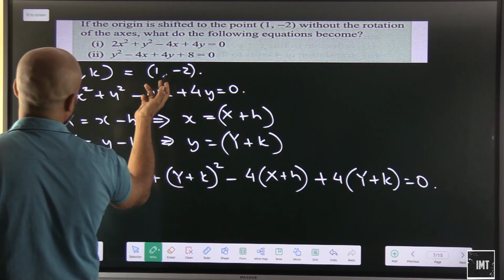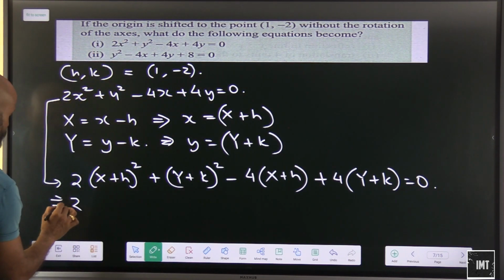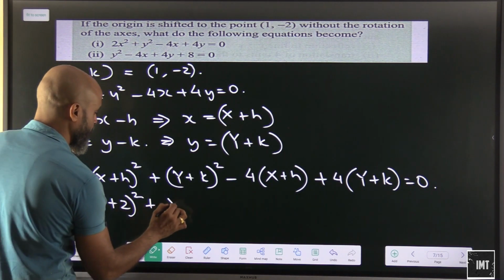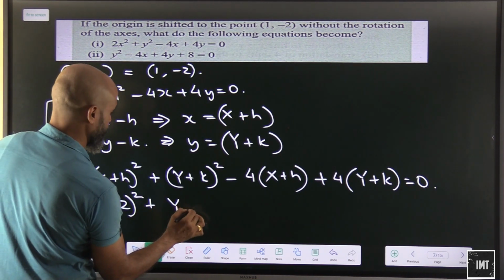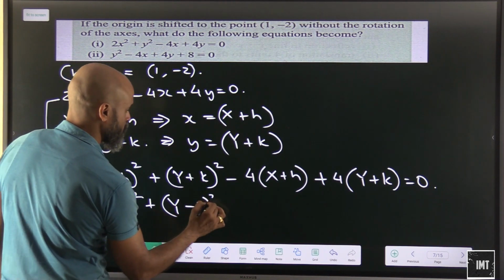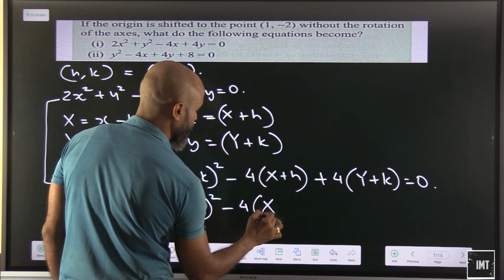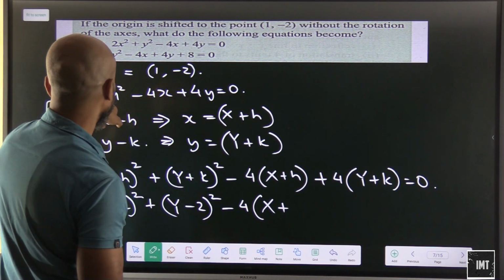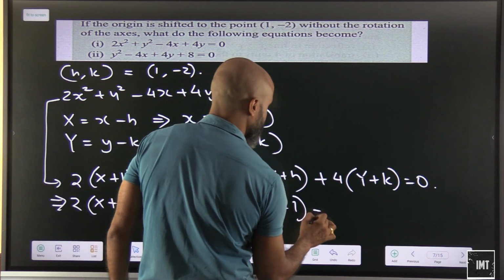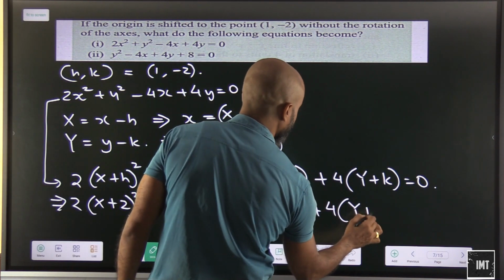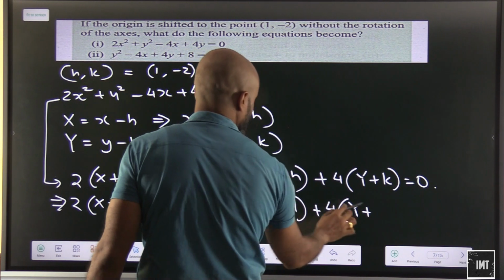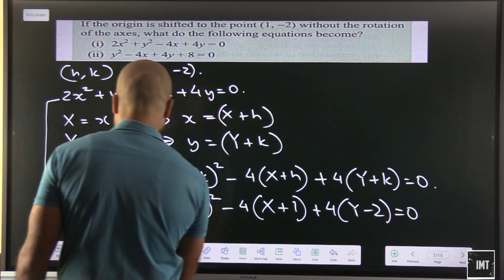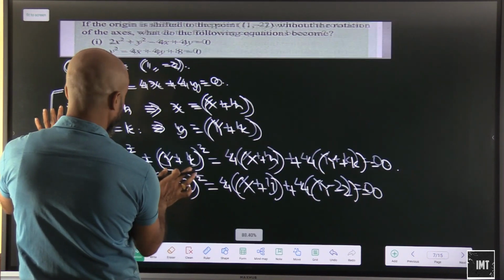Now we'll just put the values of h and k here. So that will be 2 into (X plus 1) whole square plus (Y minus 2) whole square minus 4(X plus 1) plus 4(Y minus 2) is equal to 0. This is all about algebra now.